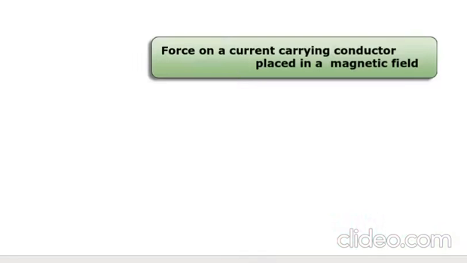Now, next is the force on a current carrying conductor placed in a magnetic field. What will be the force on a conductor carrying current when it is placed inside a magnetic field?